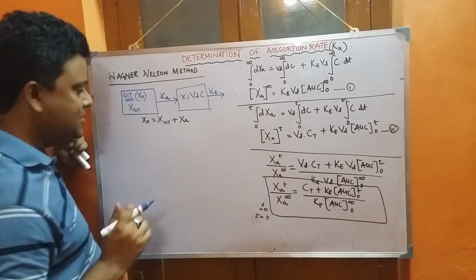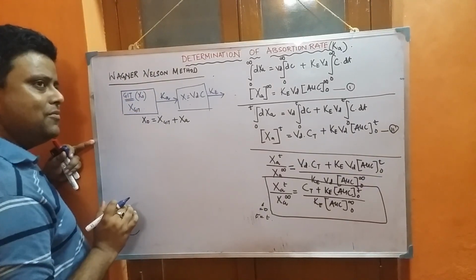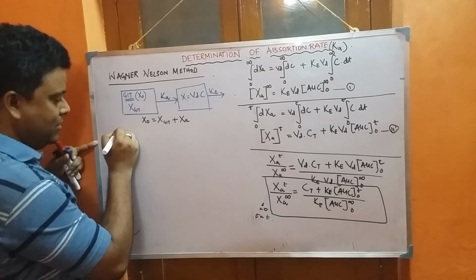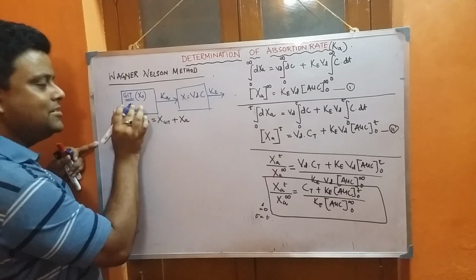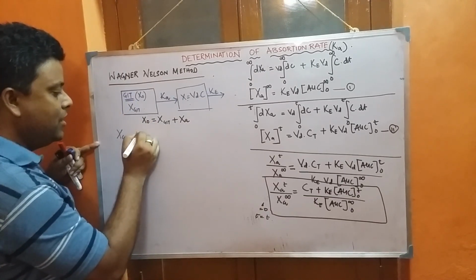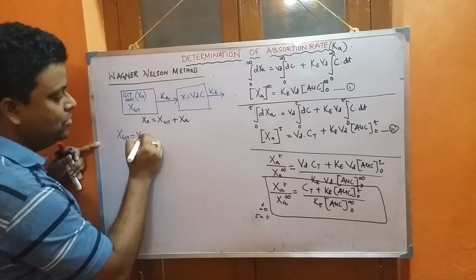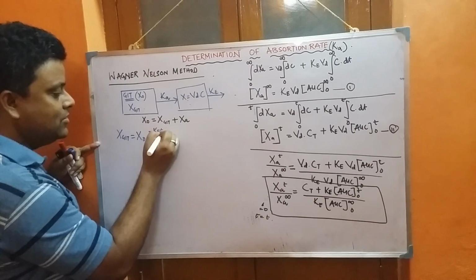Yes or no? Yes. If you think in that way, how can you write it as a first order rate kinetic process? It's very easy. XGIT, the amount present in that compartment, equals X0, the initial dose, into e to the power minus Kt.